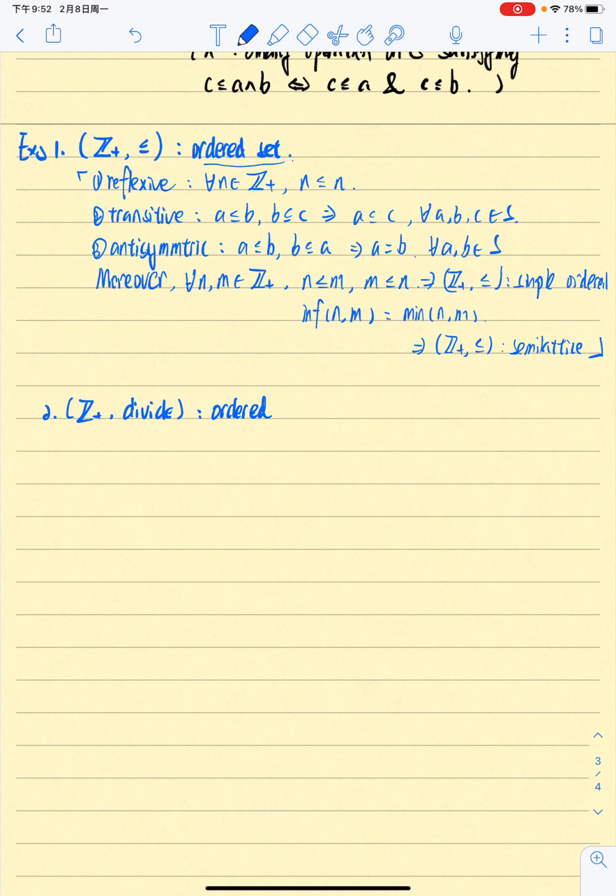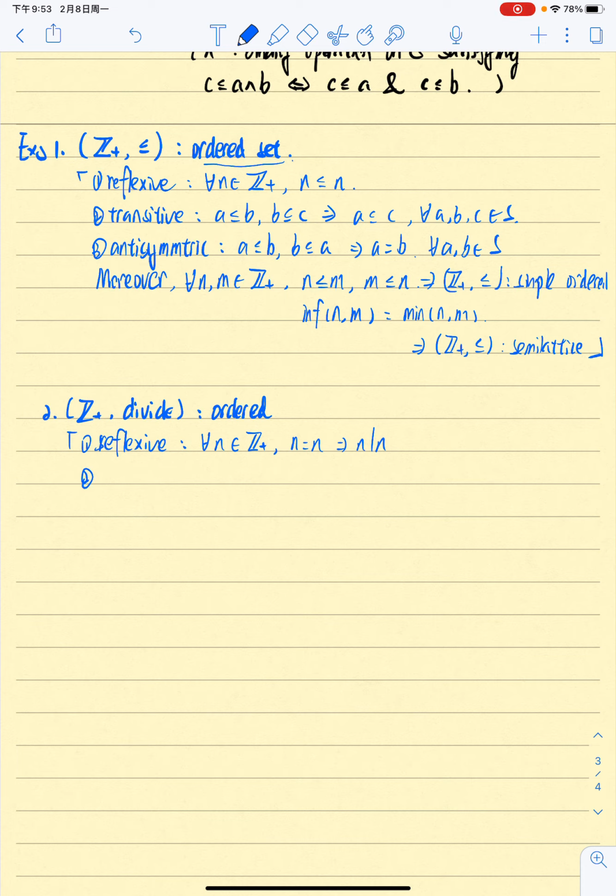First is reflexive: for every positive integer, this can divide itself, because n equals n, then n can divide it.